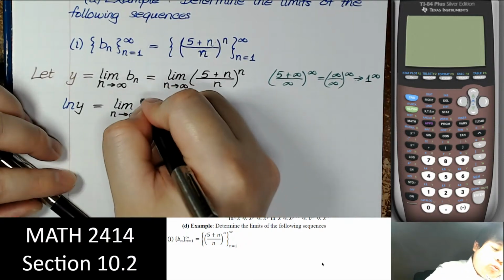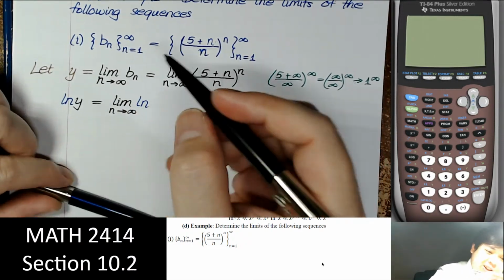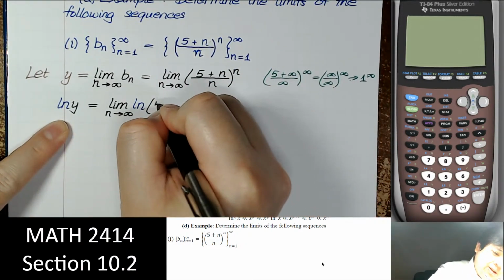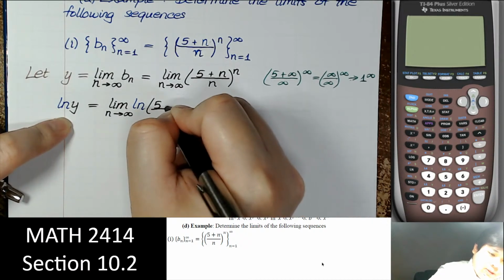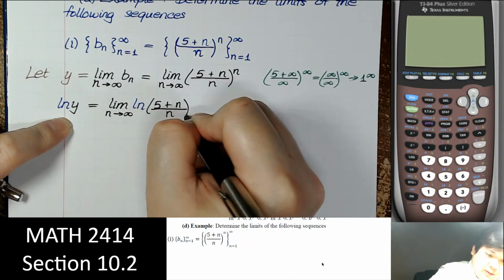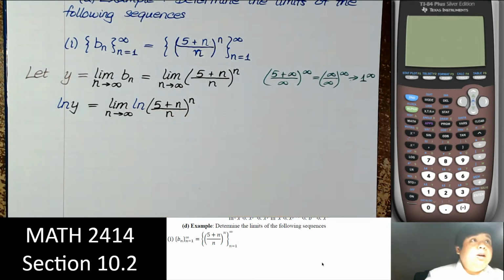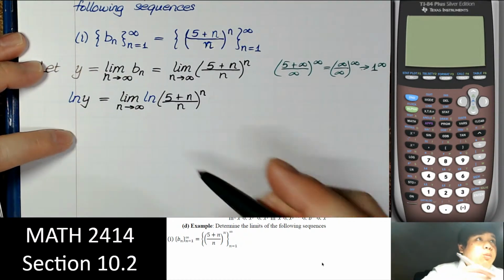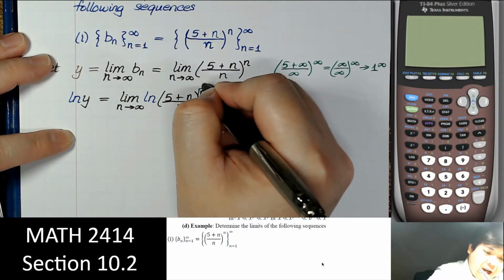And we did this quite a few times. The reason we take ln on both sides is so we can take the power n down.